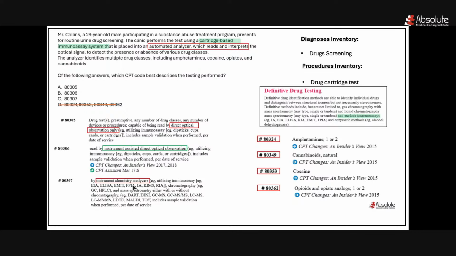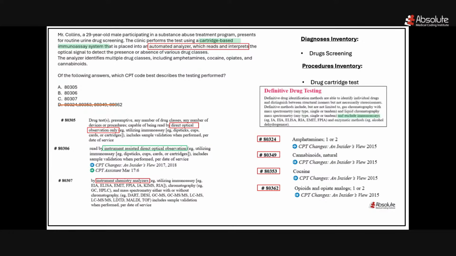Option C is incorrect because it uses an instrument chemistry analyzer, a much more complex method used in 80307, which was not performed in our scenario. It was done using an automated analyzer which reads and interprets the optical signal. So it was an instrument-assisted direct optical observation performed here.